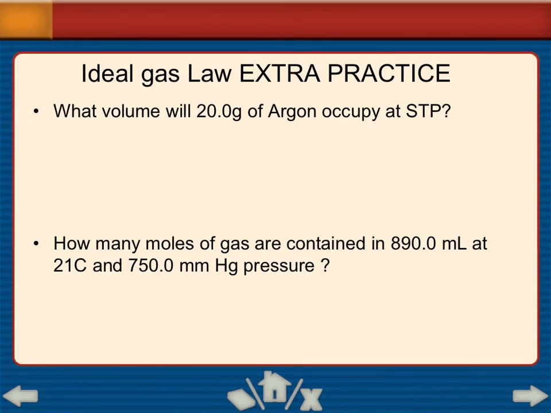This is some extra practice using the ideal gas law. The question asks, what volume will 20 grams of argon occupy at STP? Again, we'll have to go back. Standard temperature and pressure. Standard temperature is 273 Kelvin.